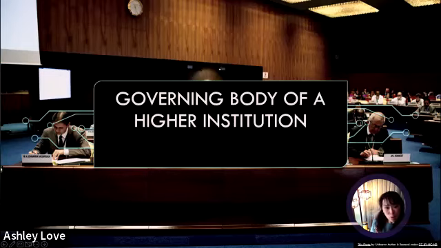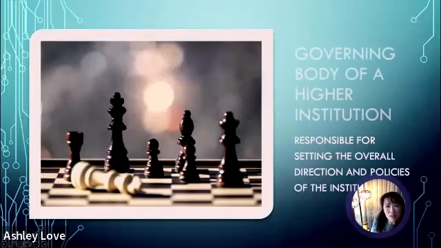Okay, just 1 minute about the governing powers of institutions. So the governing body of a higher education institution is responsible for setting the overall direction and policy of the institution. So it's really important to see who they are. They establish the mission, vision, and values of the institution with the direction of the president and also the faculty senate as well.